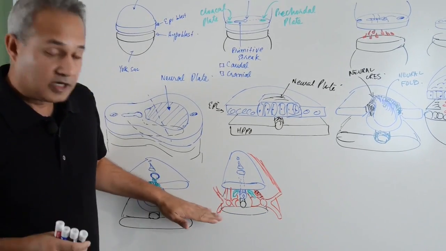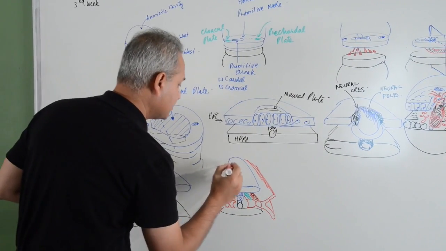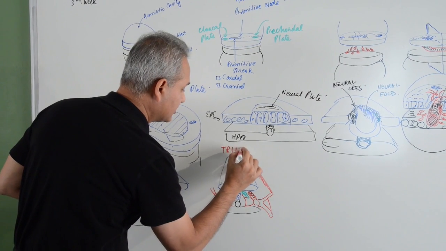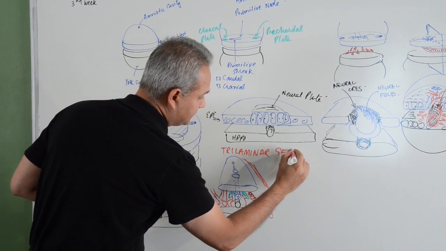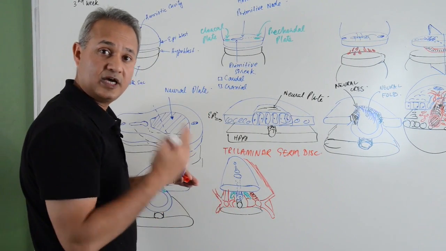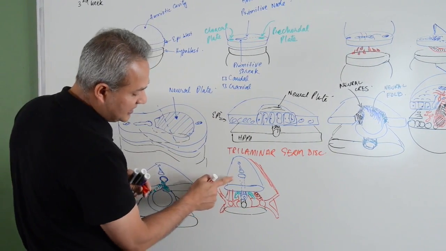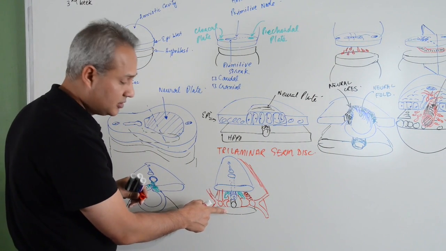What is this structure? Number one, we have a trilaminar germ disc. I'm just going to write here, trilaminar germ disc. This is a gastrula, a trilaminar germ disc. It has three layers: ectoderm, mesoderm, and endoderm.